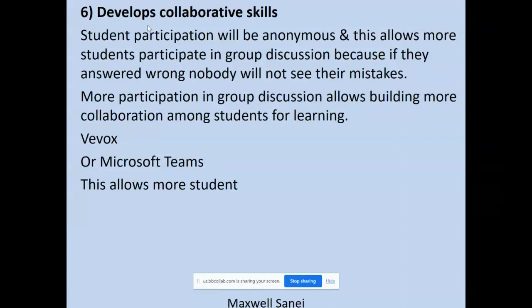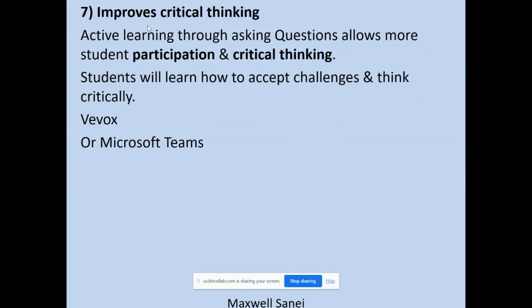So student participation is anonymous, and this allows more students to participate in group discussion, because if they answer wrong, nobody will see their mistakes. More participation in group discussion allows building more collaboration among students for learning. So students learn how to collaborate, how to participate, and how to work together, respectfully working together. So it improves critical thinking.